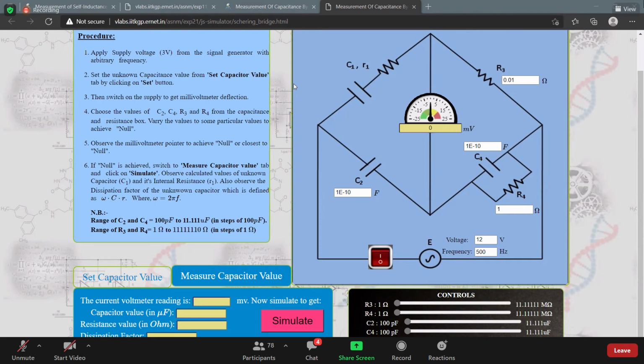So if 4 arms impedance or 4 arms resistances are equal, then bridge will be in balanced condition. So when bridge is in balanced condition, voltmeter will show 0 reading. That is the meaning. Okay. Right. Stop sharing.